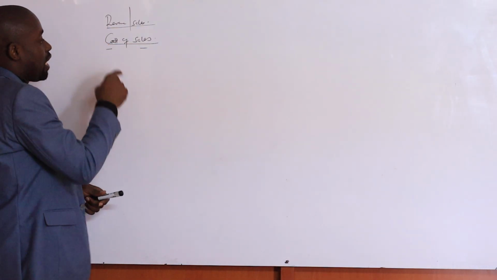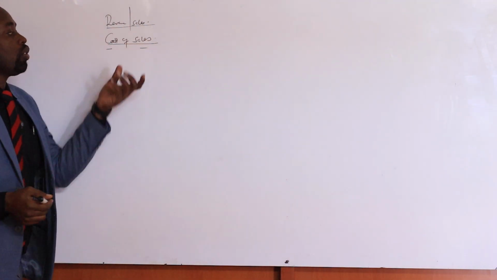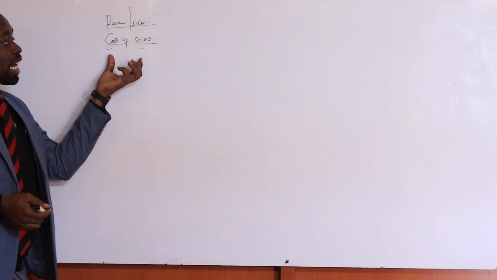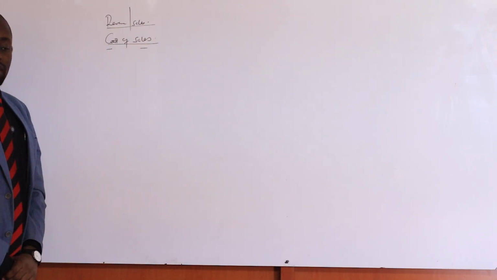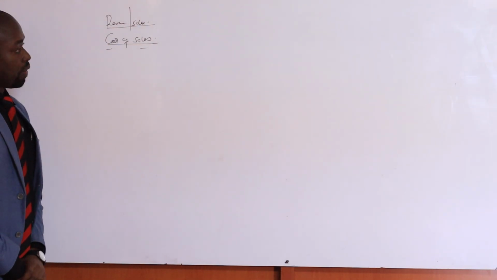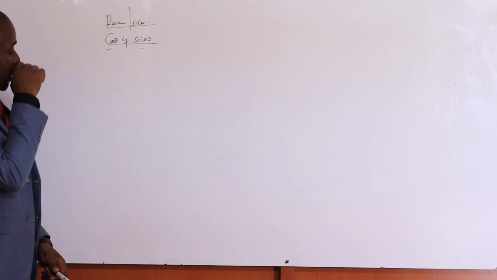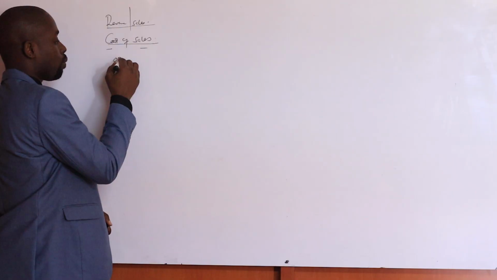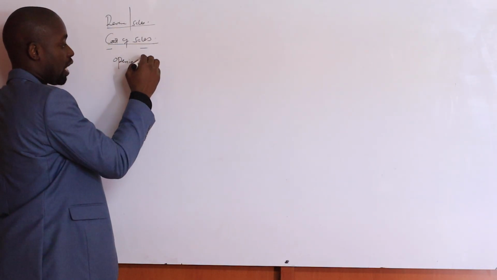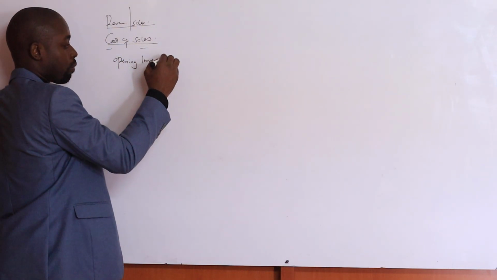So what is cost of sales? Cost of sales is the price at which the goods that have been sold were acquired at. It's called cost of sales. So what does it contain? Or what are the elements? We are saying what you sold, part of it was bought last year. It's called opening inventory.